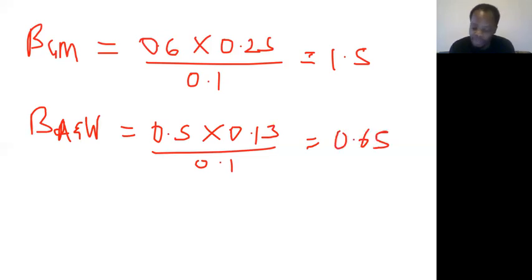Now the second one is to calculate the expected return. For the expected return, we're going to use the CAPM formula: R on I is equal to RF plus beta multiplied by RM minus RF.